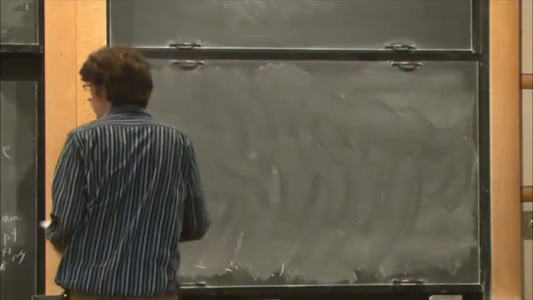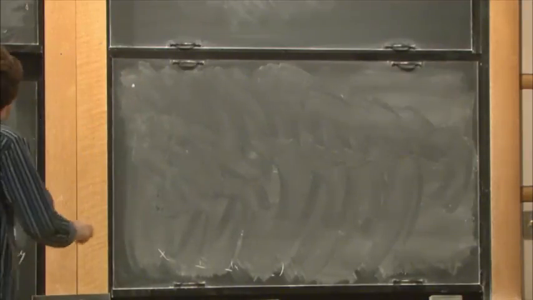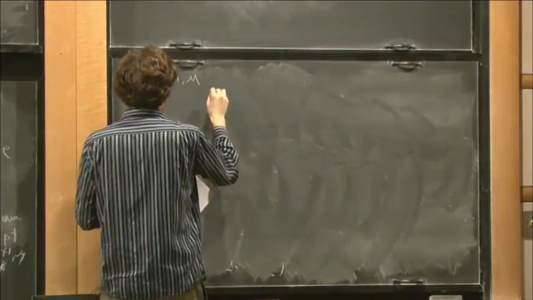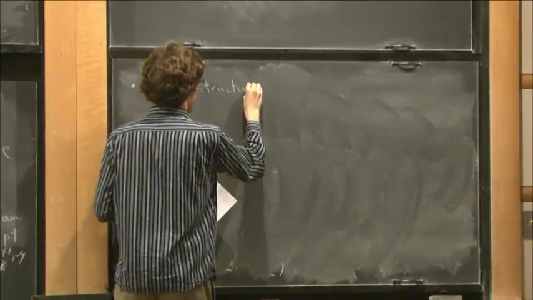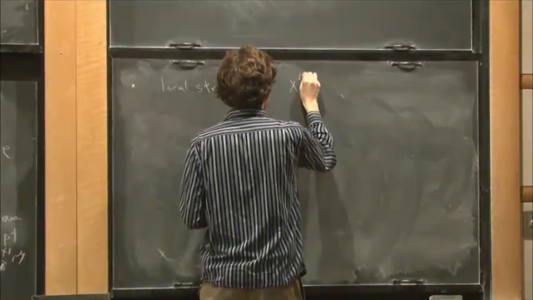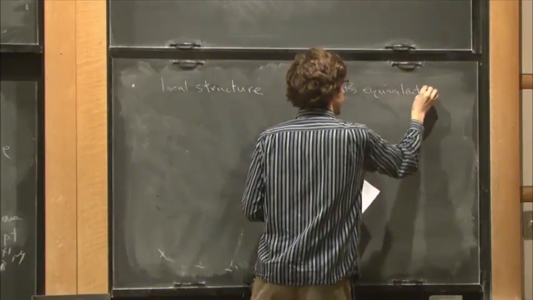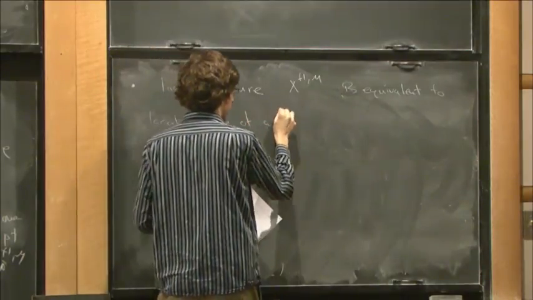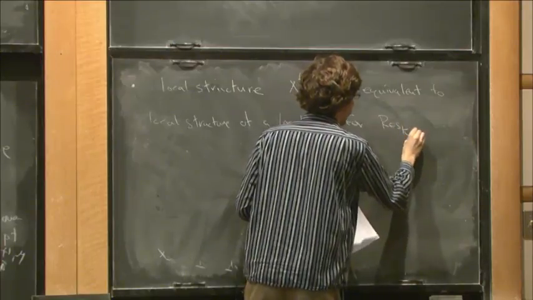I think I'll write that, in fact. So maybe the hard result that goes into this is showing that the local structure, meaning mainly the completed local rings of X flat mu, are equivalent to the local structure of a local model for the group, the Weil restriction from K to Q_p of GL_N.